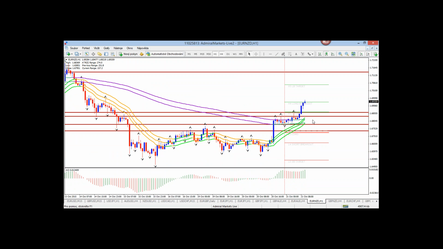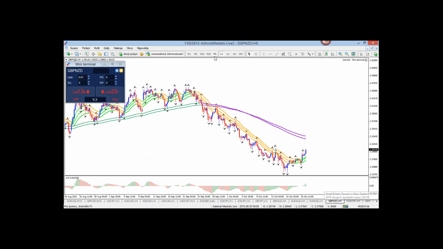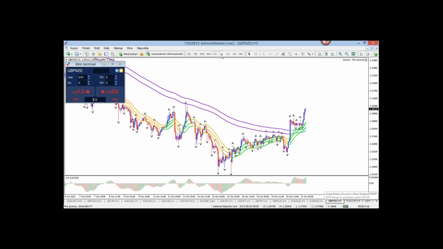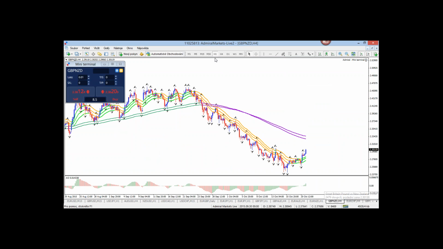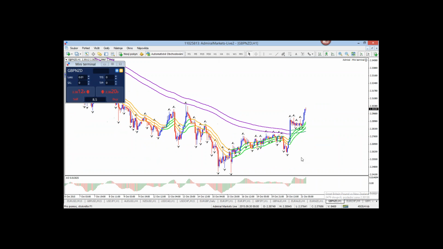A pullback could be good for support for more upside. Both Euro New Zealand and Kiwi looking interesting, I think. Yeah, pound is doing the same thing probably, also trying to make a reversal on the 4-hour.